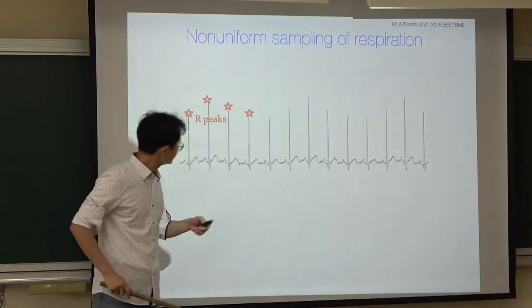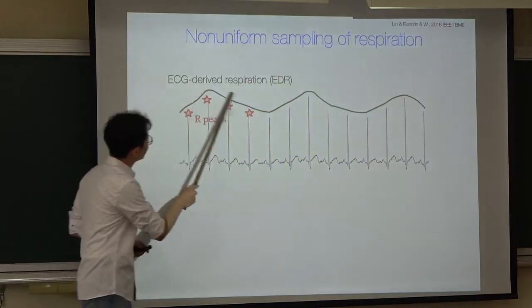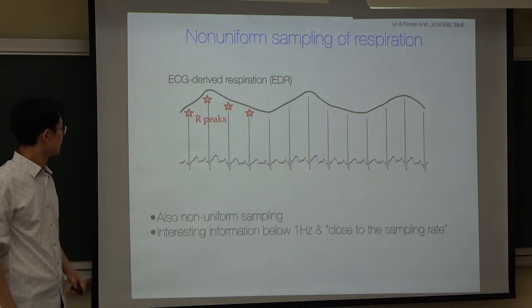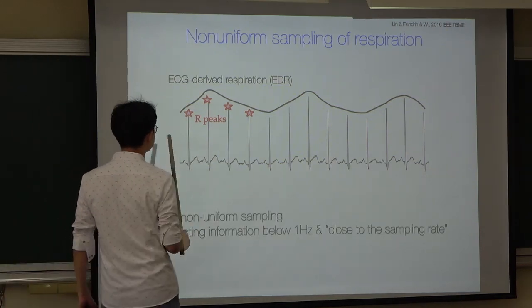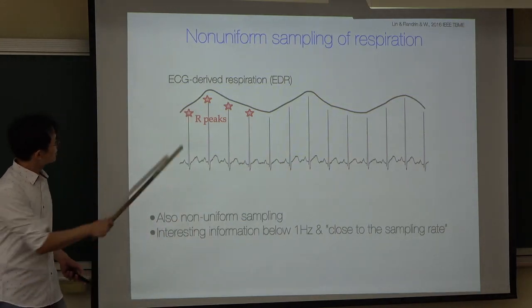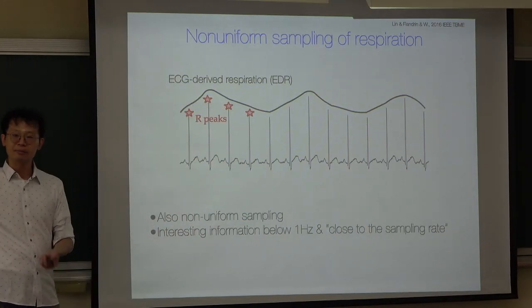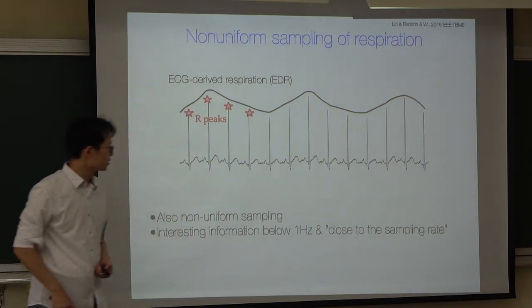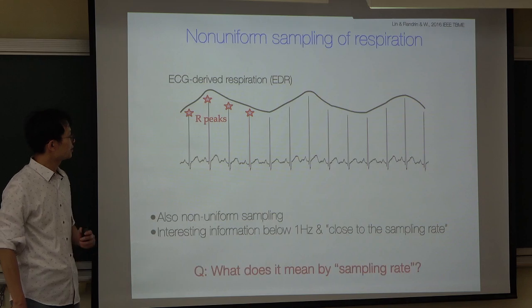If you connect them, that is what we call ECG-derived respiration, EDR. Again, this is a non-uniform sampling because our peaks appear at non-uniform sampling times. The interesting information is again below 1 Hertz and close to the sampling rate.